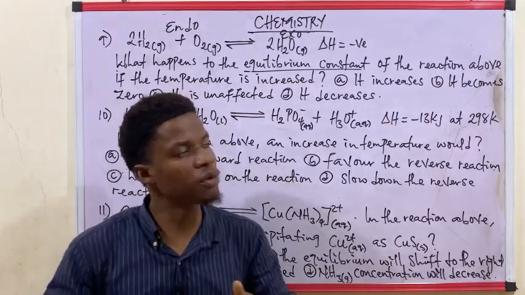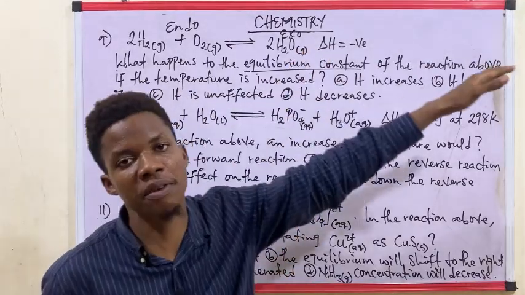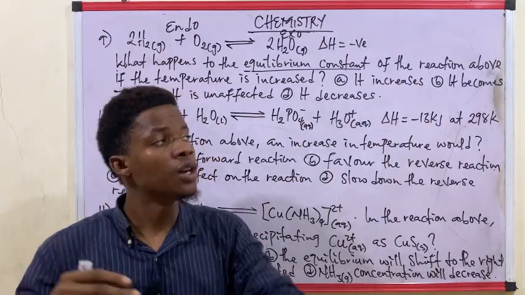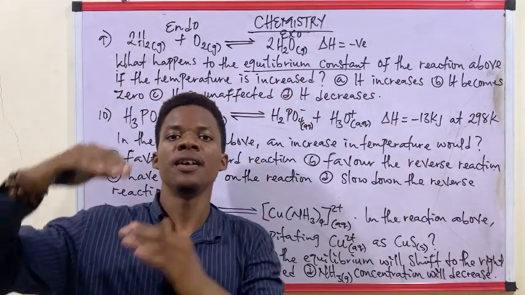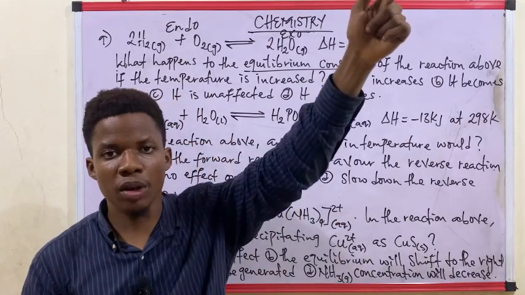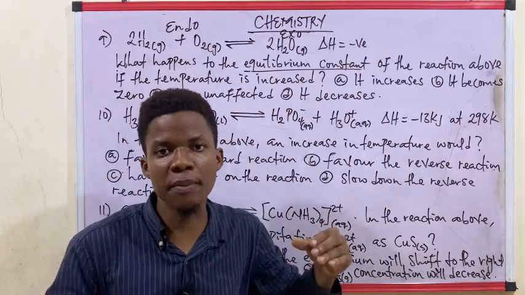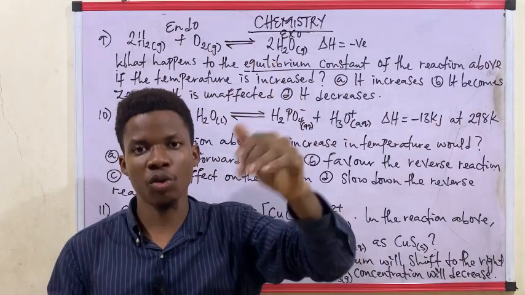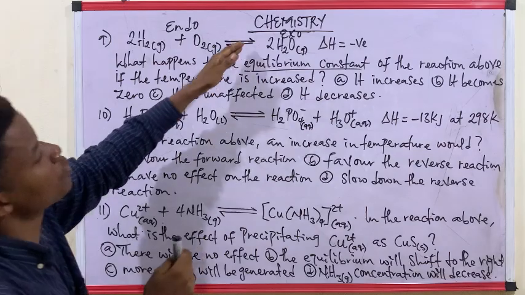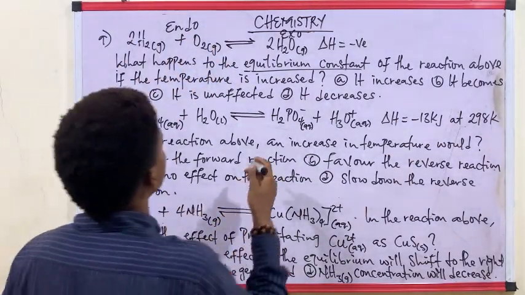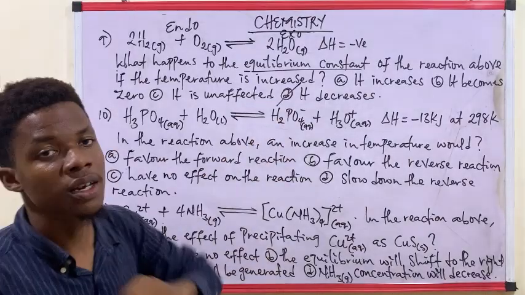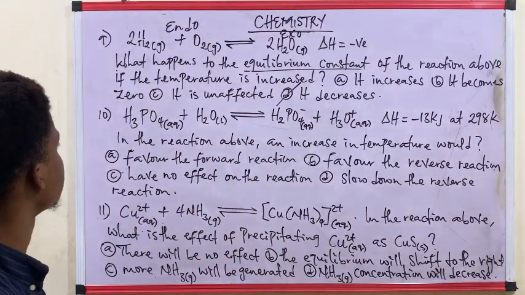But decrease in temperature, which favors exothermic reaction, will make the equilibrium constant K increase. So for exothermic, decrease temperature, increase equilibrium constant. For endothermic, increase temperature, increase equilibrium constant. So the answer to this question, when it shifts to the left, the equilibrium constant will do what? Decrease. Option D, decreases. So that's the answer.